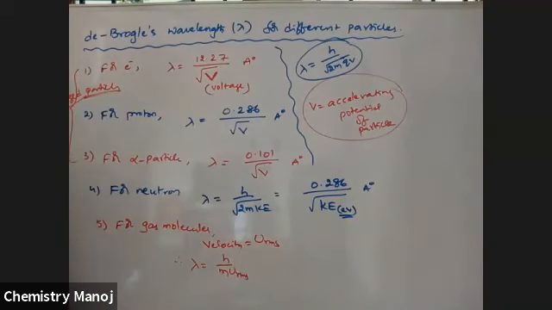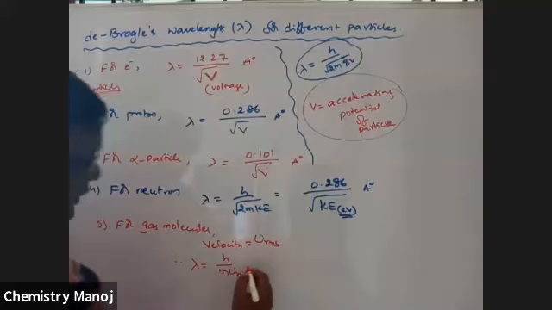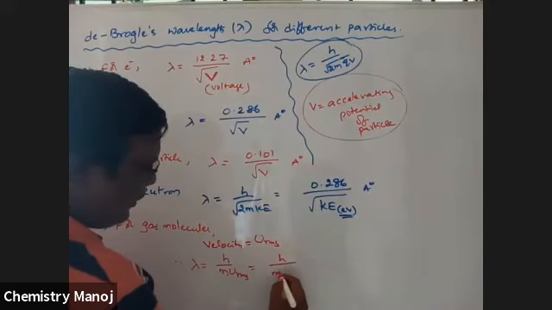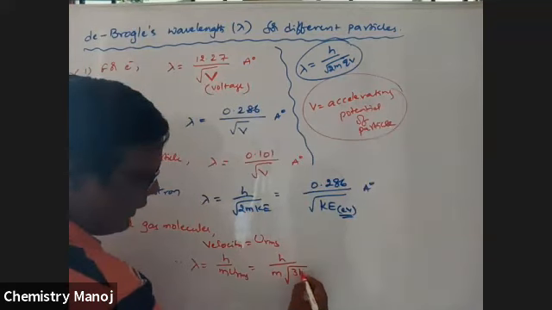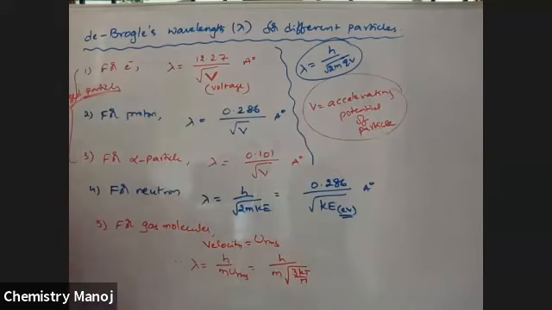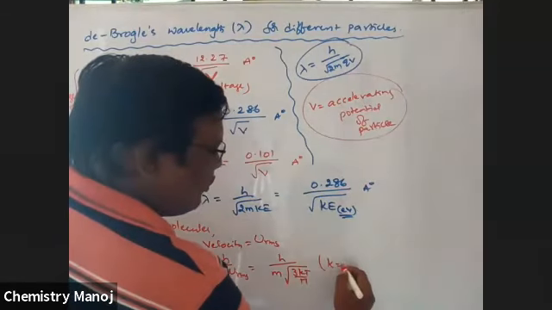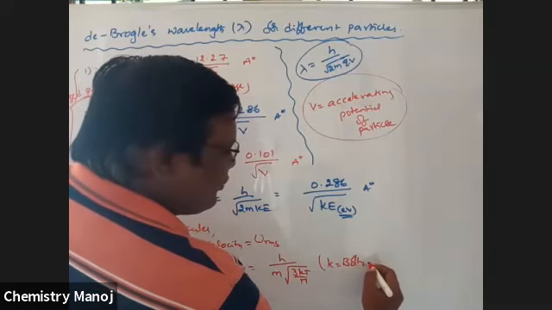We know the u RMS formula, root 3kT by m, and RMS velocity is root 3RT by M for n moles, but for one particle it is 3kT, where k is the Boltzmann constant.